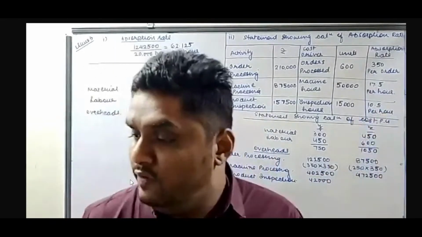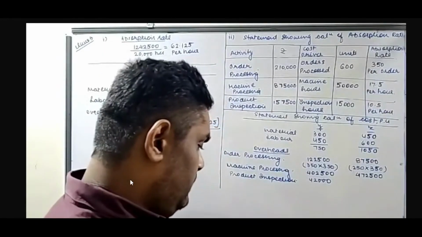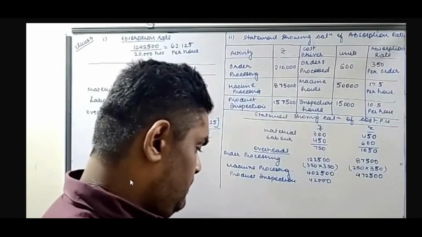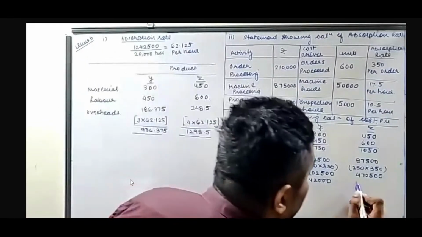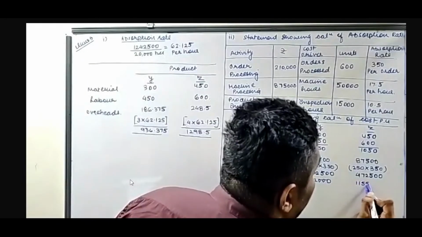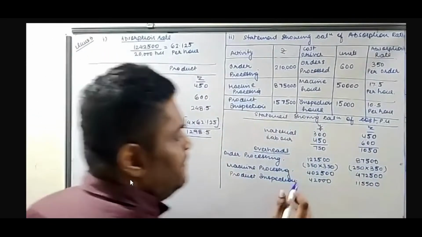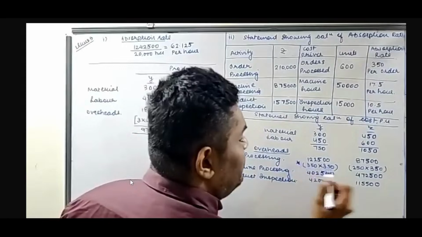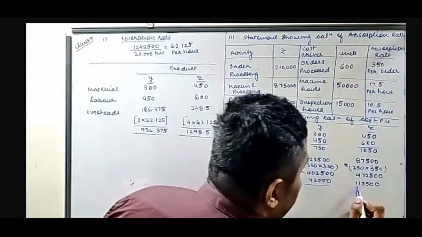And 11,000 into 10.5 is 115,500. I'm not mentioning the calculation separately because it's the same. So this I have mentioned for your understanding. Rest all I have not provided the detailed working note.